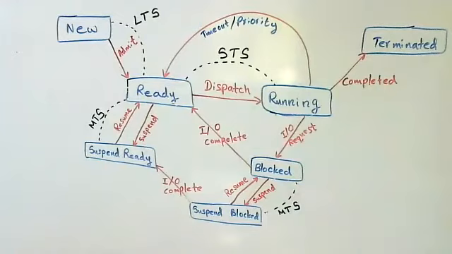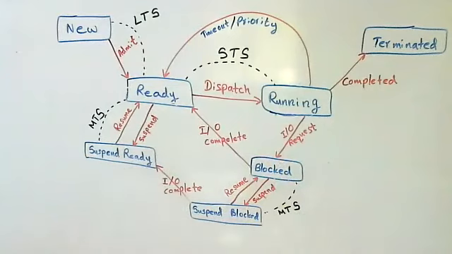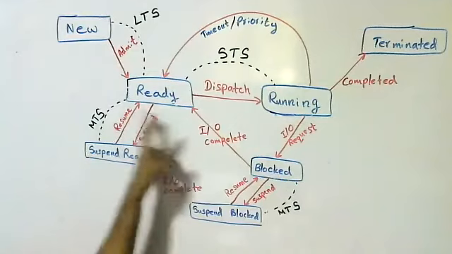We are discussing the mid-term scheduler. That means here, blocked to suspend blocked and ready to suspend ready. So the mid-term scheduler picks processes from main memory and places them on secondary memory, or vice versa. That means the same thing may happen: suspend blocked to blocked and suspend ready to ready.